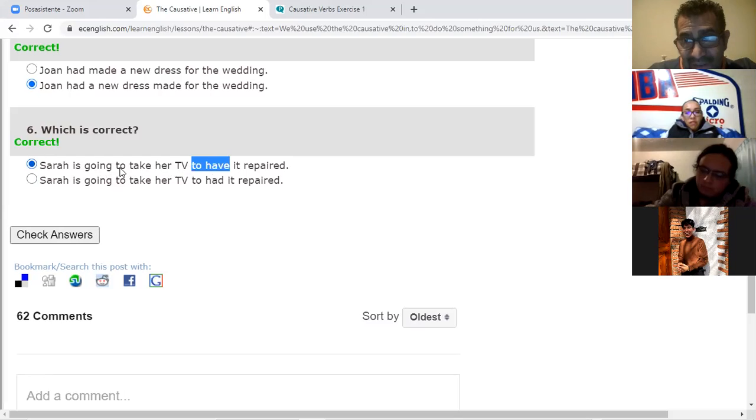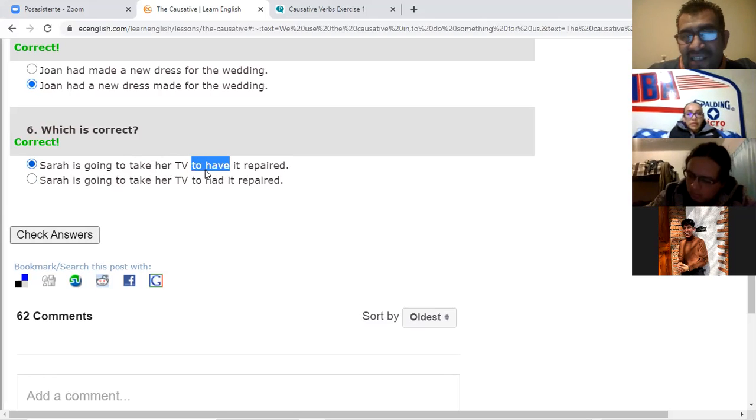Take es el verbo. Este es su segundo verbo. Y acuérdense que les he explicado que cuando van a utilizar dos verbos, el segundo siempre va en infinitivo. Entonces, por eso tiene que ser to have. No puede ser to have porque estaría incorrecto por el tiempo. Yes?